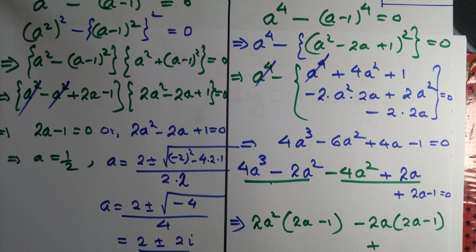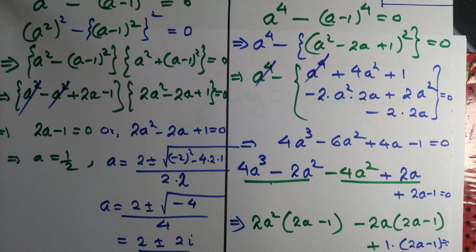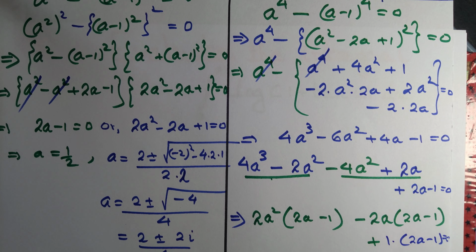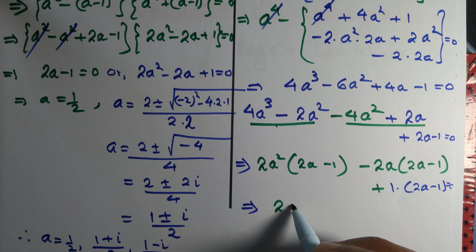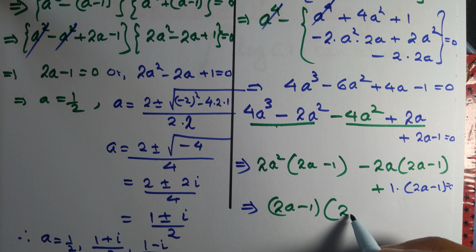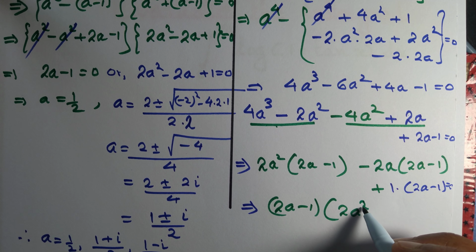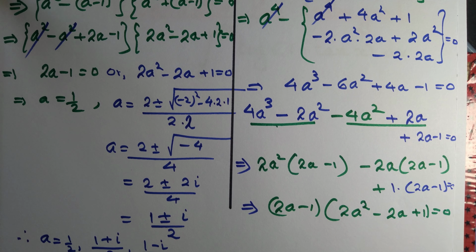Lastly, you take 1 common and you are left with 2a minus 1 equal to 0 as it is. So once again, instead of taking a minus half common, we took 2a minus 1 common. It's a bit easier. So (2a minus 1) into (2a square minus 2a plus 1) equal to 0.